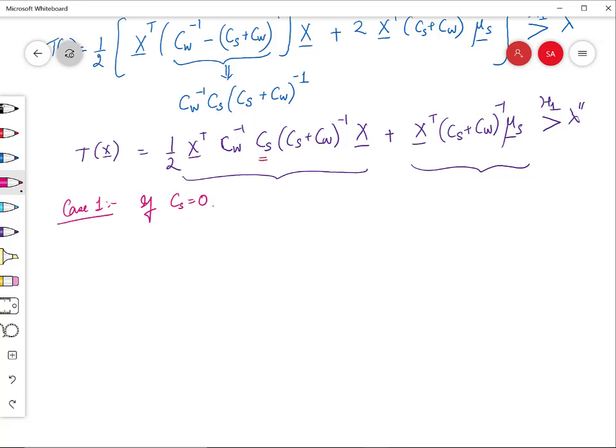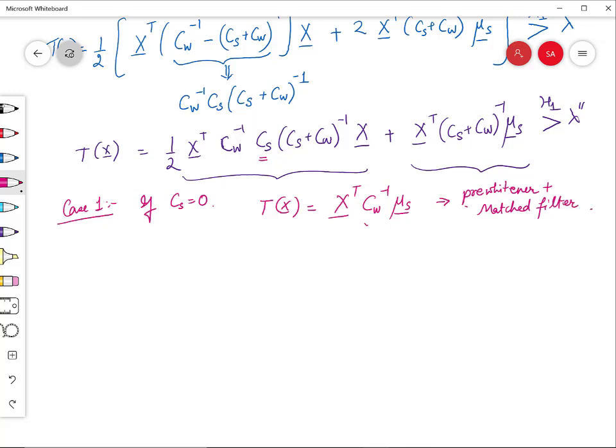Here you can see it is CS, so this quantity goes to 0, and what I am going to be left with is only x transpose CW inverse mu of s. And you know that this was our case for a pre-whitener and a matched filter.